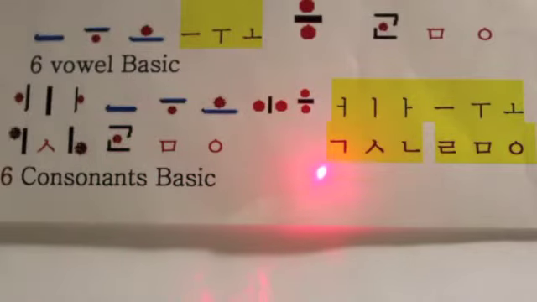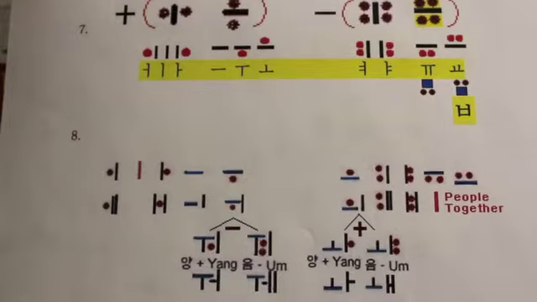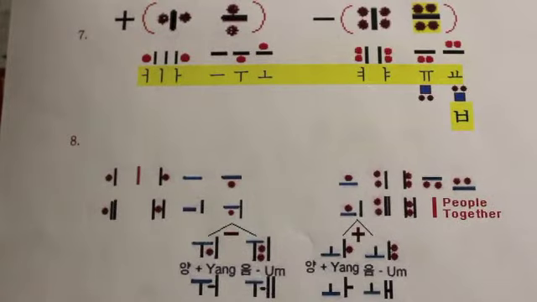If you change the dots into lines, you can make 6 basic consonants. Woman and man, death and life. These are positive and seen as yang. The opposing is negative with double dots and is seen as yin.